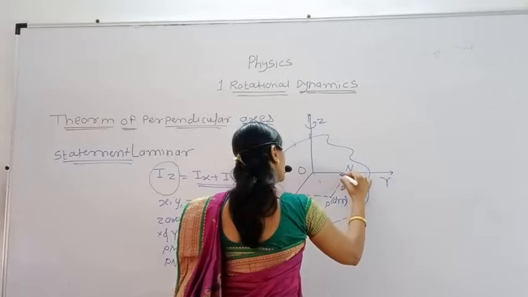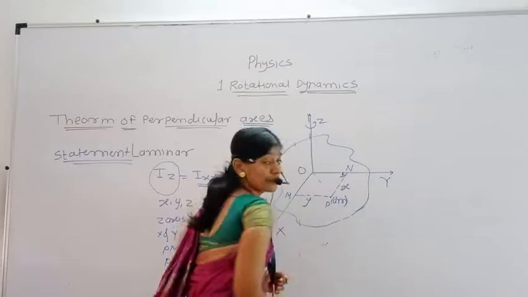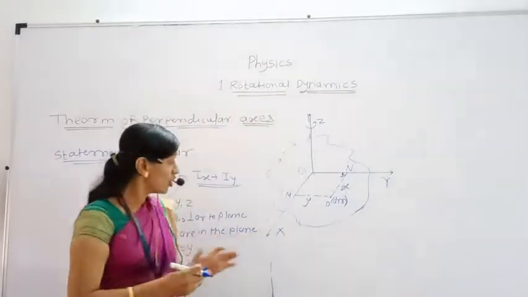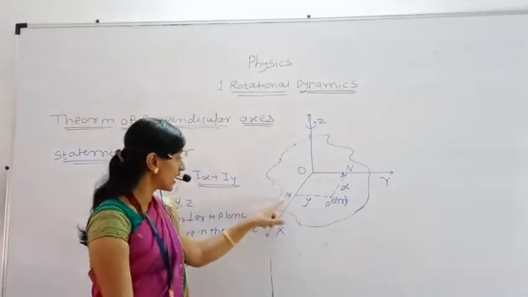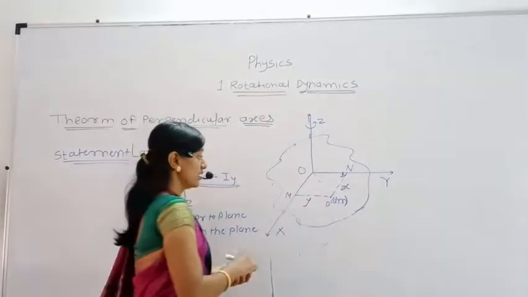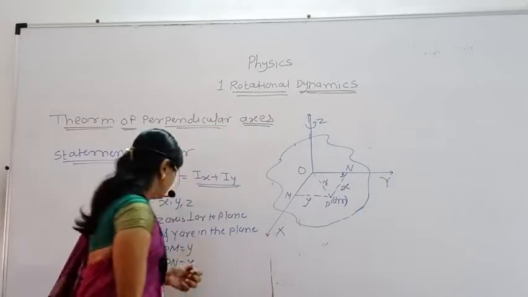This is a perpendicular, because already we said that from P we have drawn the two perpendiculars on the x-axis and on the y-axis. They meet the x-axis at point M and the y-axis at point N. Now here the distance is R. It is a simple concept.